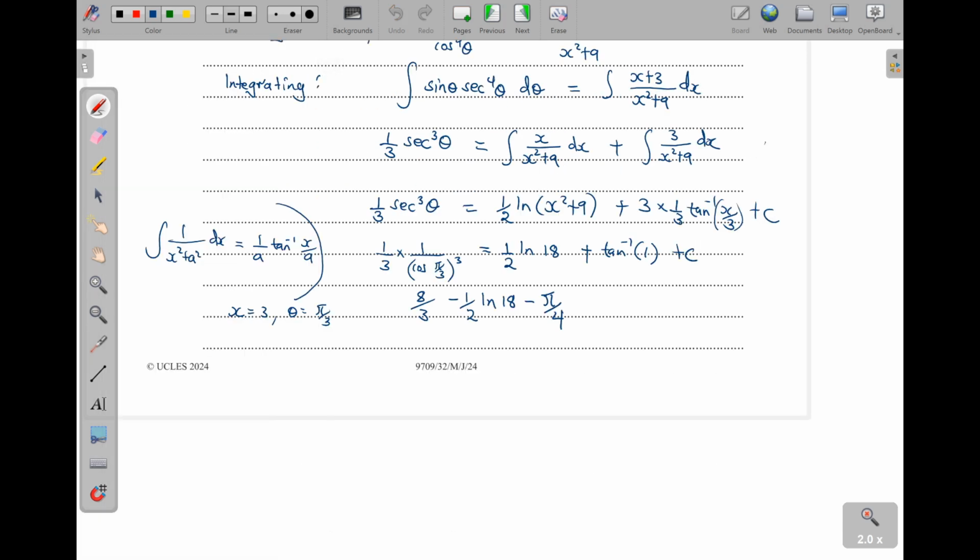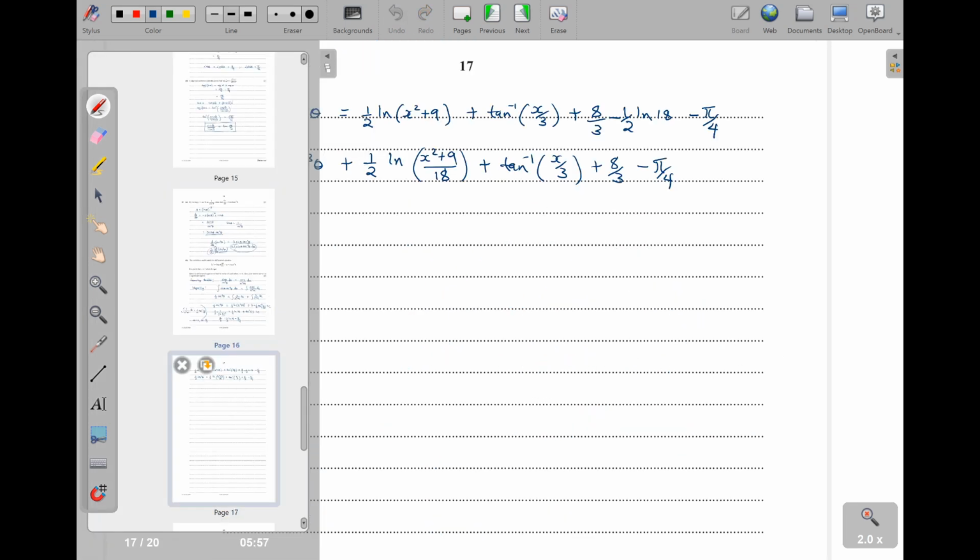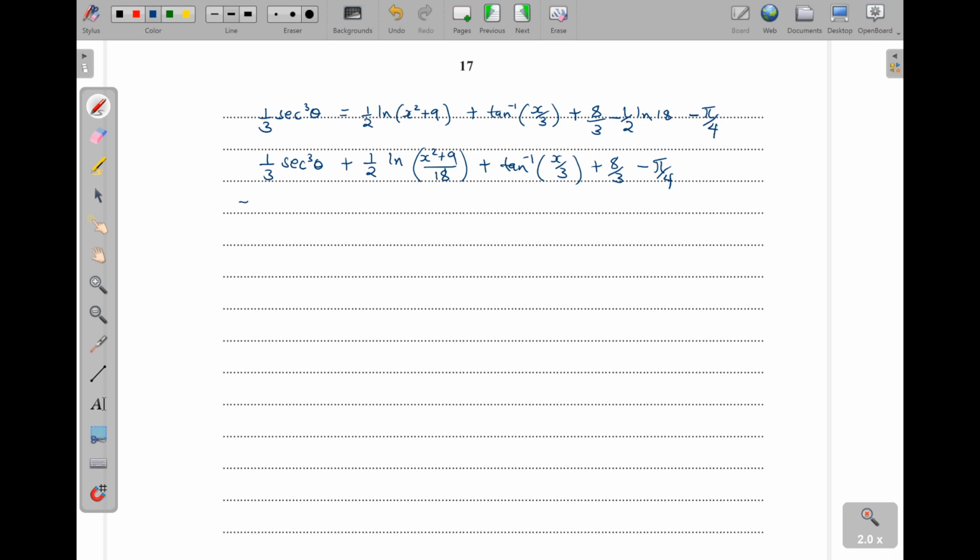But they told us to solve the differential equation and find the value of cosine of theta when x is equal to 0. Then we give the answer to 3 significant figures. So the cosine of theta, for x equal to 0, we substitute here. We shall have 1 over 3 cosine.